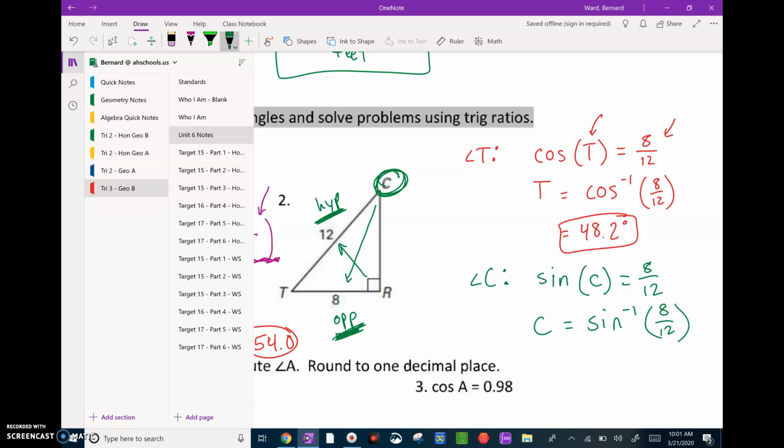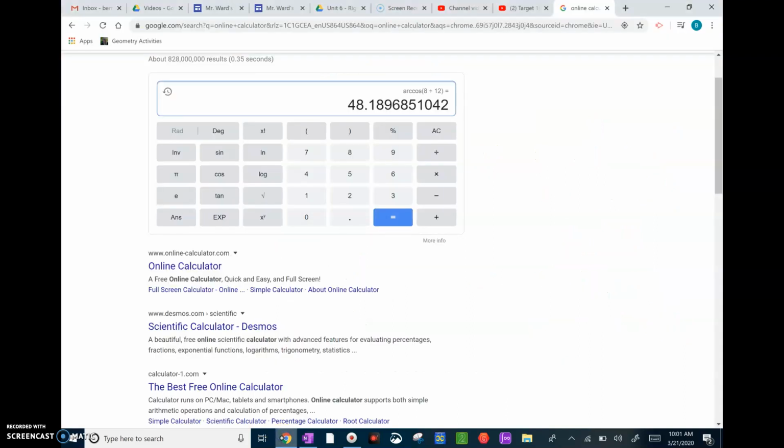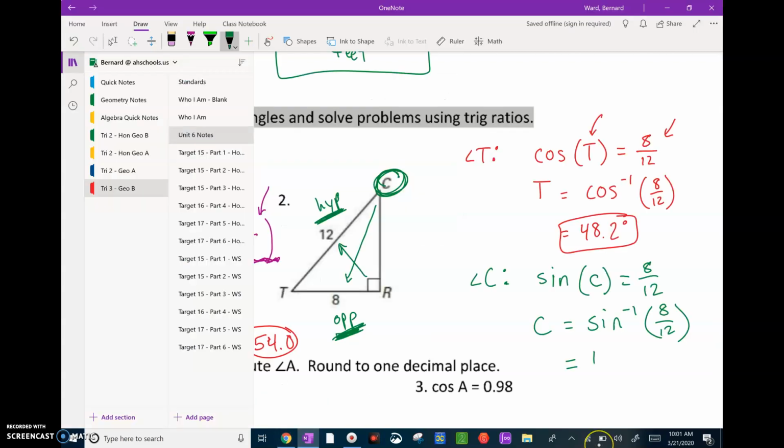We always just do the sine, cosine, or tangent inverse of whatever fraction we set up. We type that into our calculator, sine -1 of 8 divided by 12, and that equals 41.8 degrees. And so there's our second one.